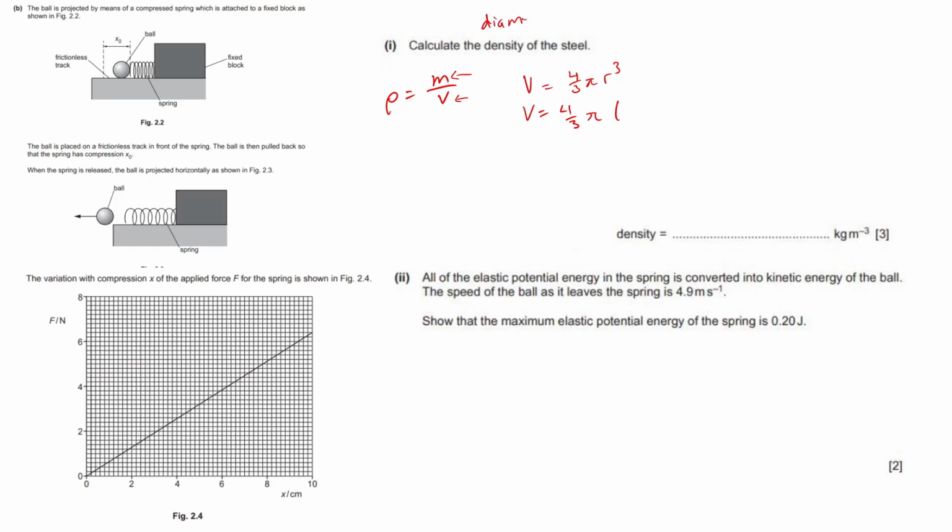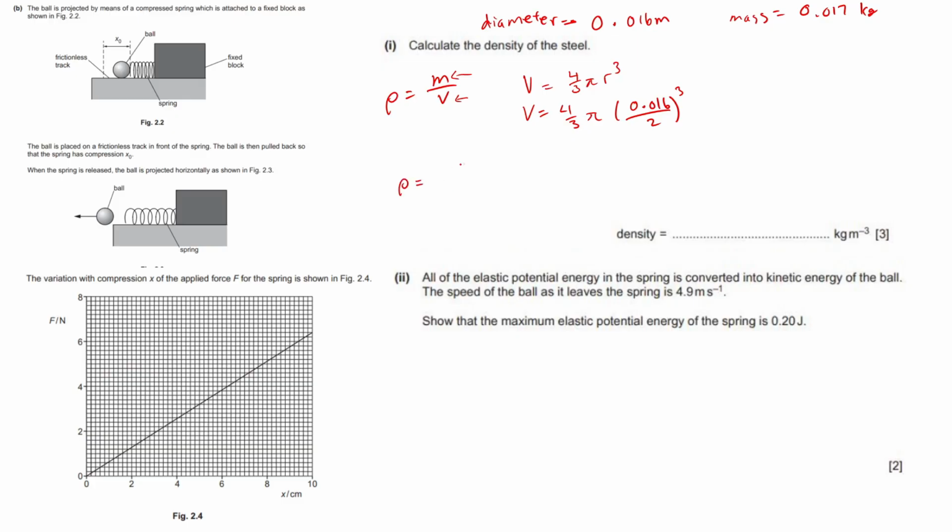All right, so the diameter is given as 0.016 meters, and our mass is going to be 0.017 kilograms. So we take our diameter, we divide it by 2 to get the radius, and then we cube it. And then we need to find the mass, and the mass is given.